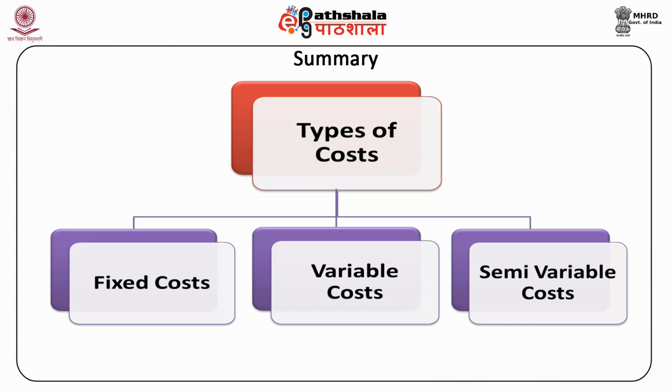Semi-variable costs are the costs which have the feature of both fixed and variable costs. It is incurred even when there is no activity as fixed cost and also increases proportionately as the level of activity increases like variable cost.